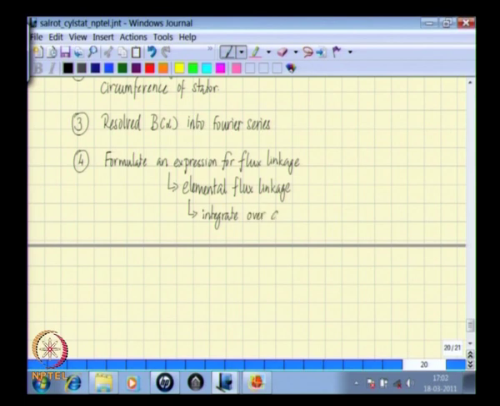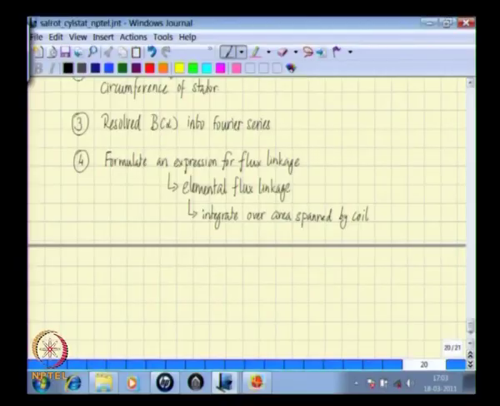over the area spanned by the stator coil, and then you derive the expression for flux linkage, and we saw that this flux linkage has various terms relating to the fundamental and the third harmonic and the fifth harmonic and so on.